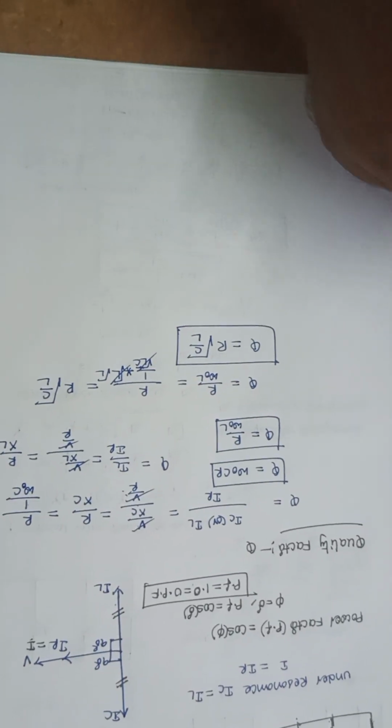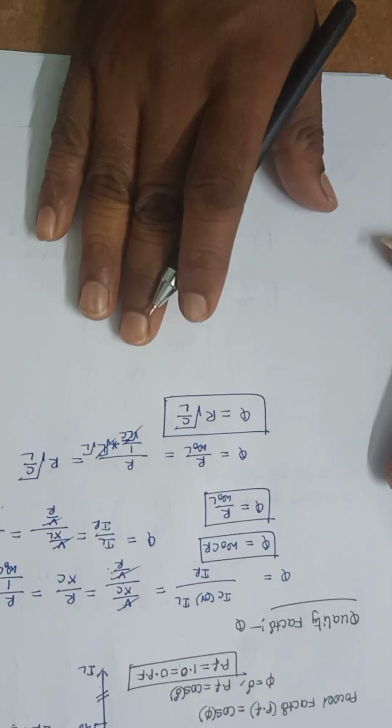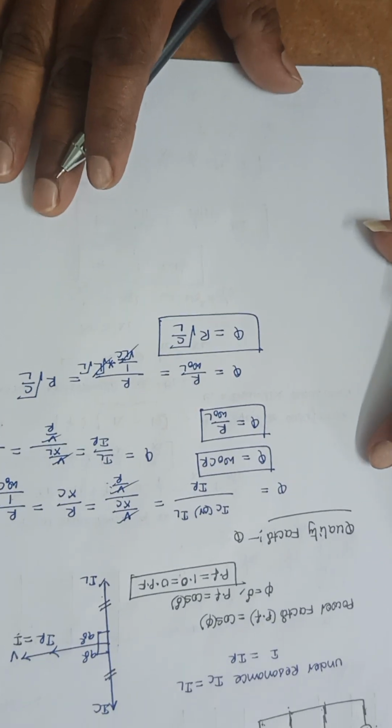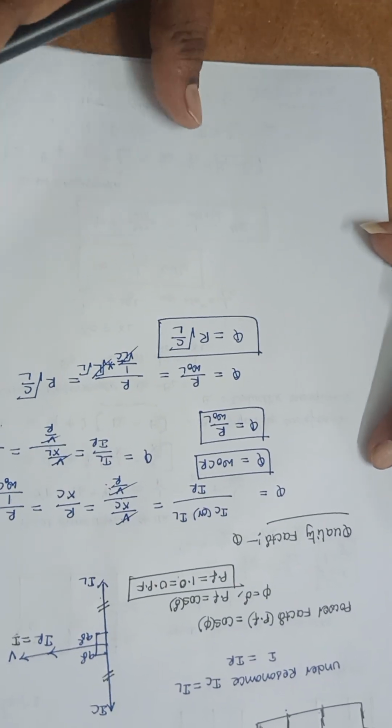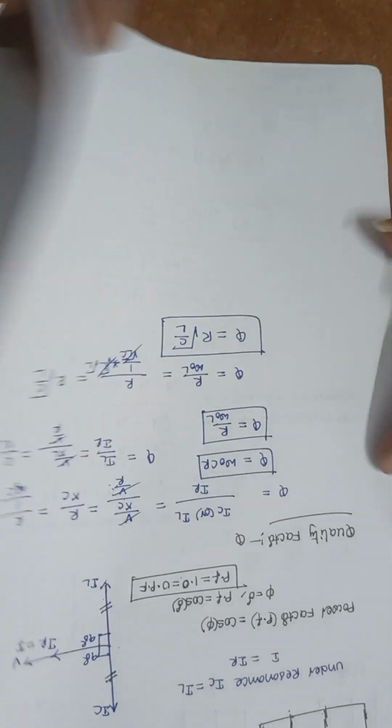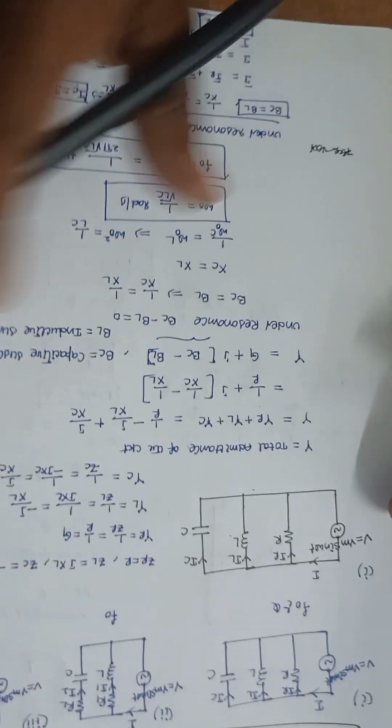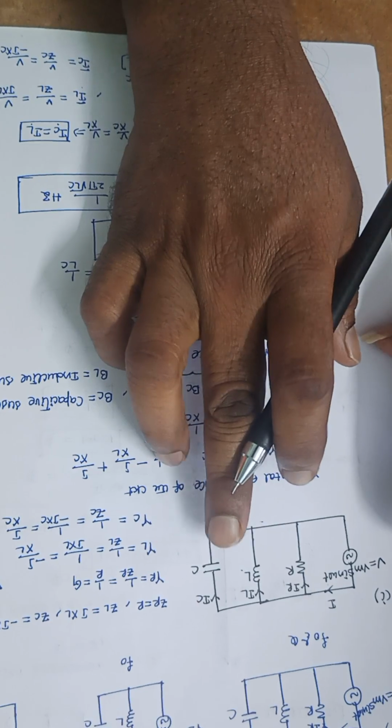Coming to the next circuit, before going to find its resonance frequency, let me explain the variation of the admittances for this parallel RLC circuit.